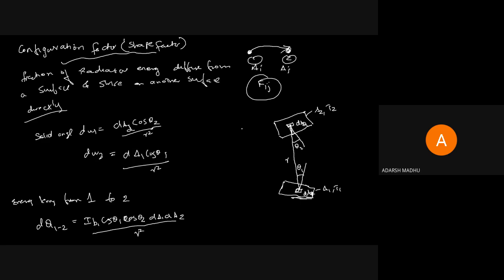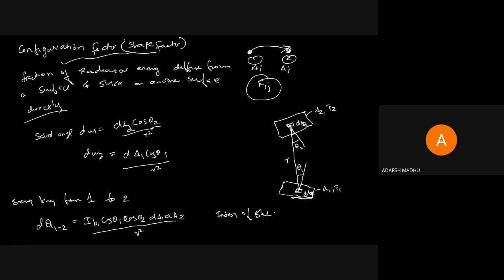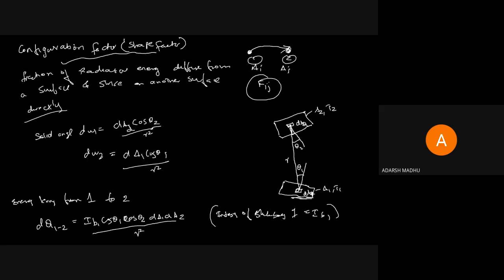IB1 is the black body intensity of body 1, and IB2 is the black body intensity of body 2. dq of 2 to 1 can be written as the same equation, only IB2 will change: IB2 cos theta 1 cos theta 2 dA1 dA2 divided by r square.